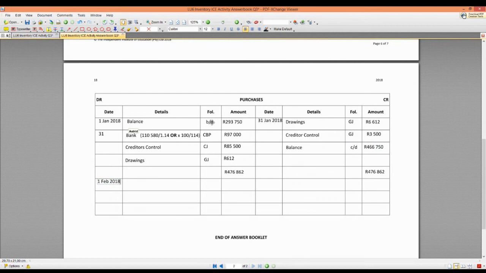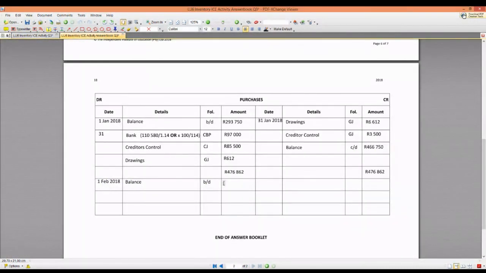And then we are going to use the same information as up here. So you have your balance brought down, and the amount is exactly the same as here. So you get a method mark.